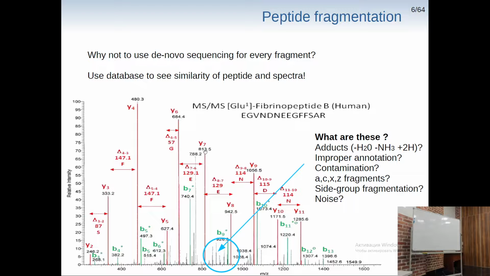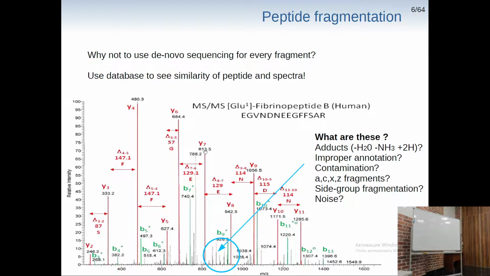So, the question we have to discuss here: is it possible to de novo sequence every peptide after this fragmentation? Yes. No. There are two different opinions. Please elaborate, why is it possible or not?